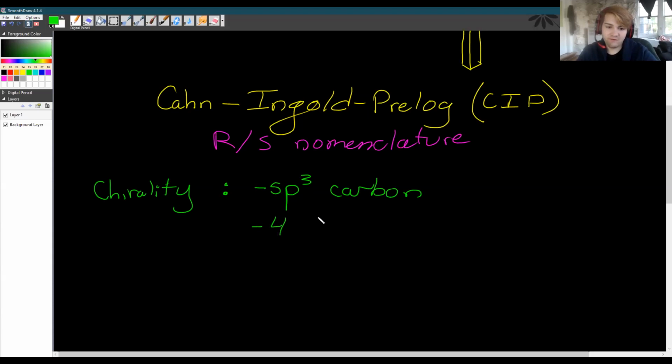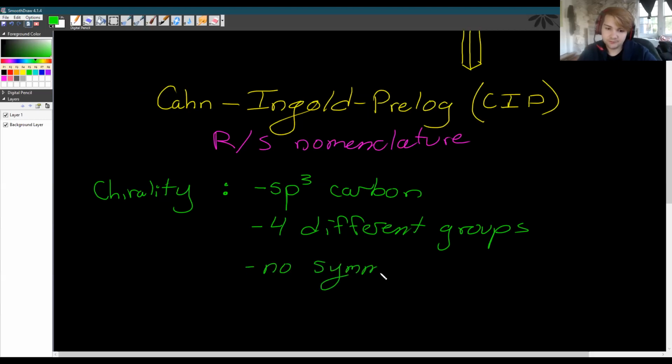That carbon needs 4 different groups, and there should be no symmetry within the molecule.